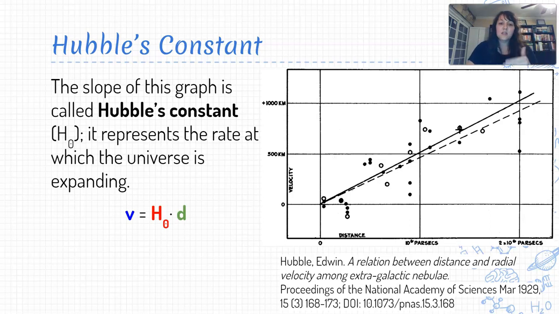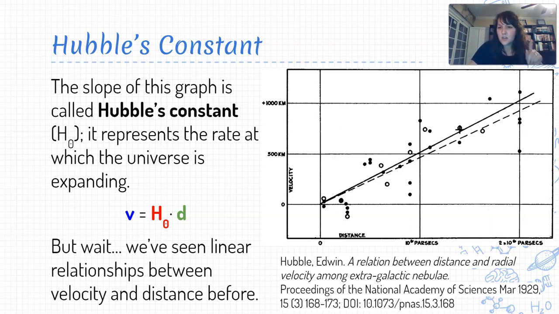Now if we use our good old y equals mx plus b slope intercept form, that gives us this equation: velocity, the variable on our vertical axis, is equal to the slope, Hubble's constant, times distance, which is the variable on the horizontal axis. Now, this isn't our first time looking at an equation that relates velocity and distance in a linear fashion.